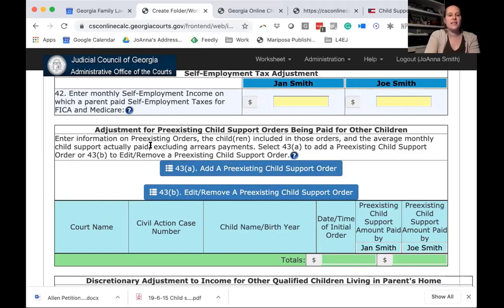And you'll notice it does not include arrearage payments. It only includes what they're supposed to be paying on an average monthly child support. What this means for people who have multiple children from different parents is that the first child is going to have a bigger child support award than the second, because for the first child they take into account the full income, whereas the second child only gets the benefit of the reduced amount of child support, and on down the way.